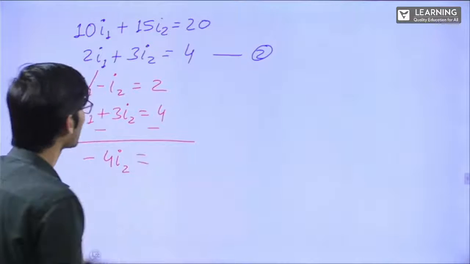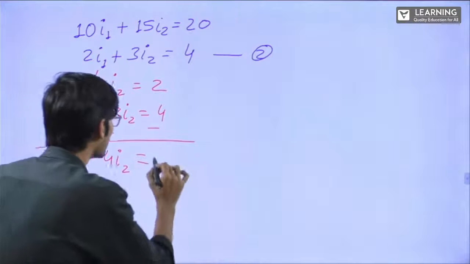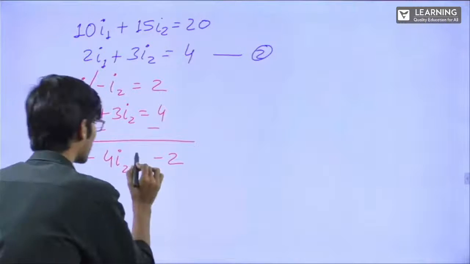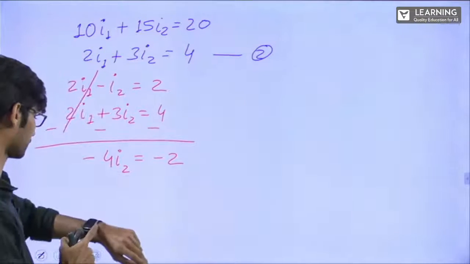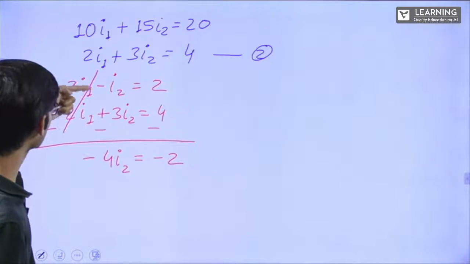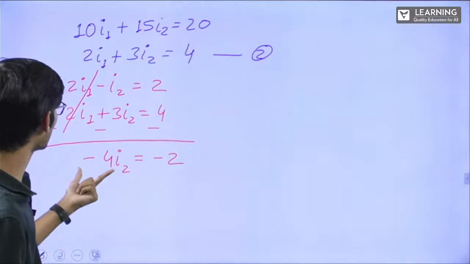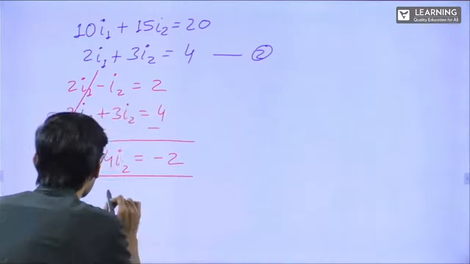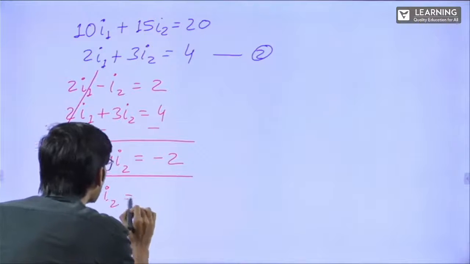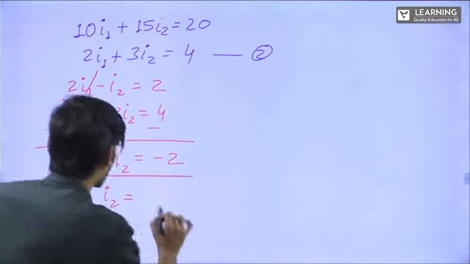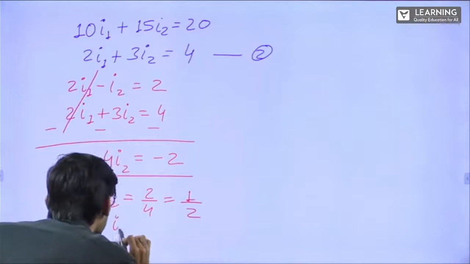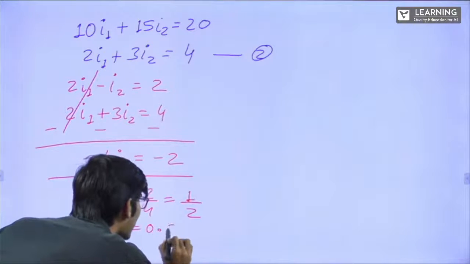Here this will be 2 minus 4 is minus 2. So from here I2 will be equal to 2 by 4. That is 1 by 2. So I2 is basically 0.5 ampere.